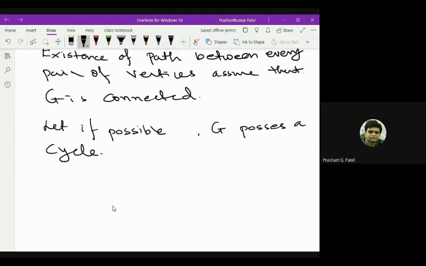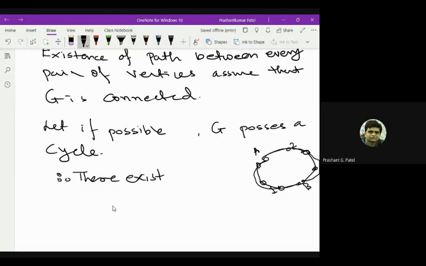Because if you have a cycle, then if you consider any pair of vertices in this cycle, one path is this, another path is this via this one. But our assumption tells you that there is one and only one path.